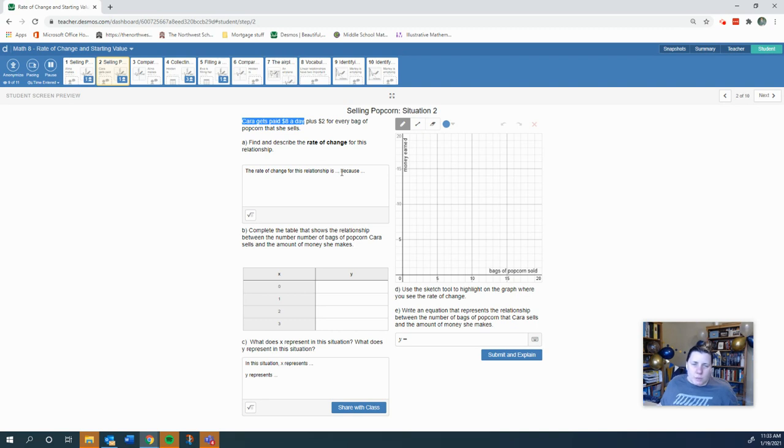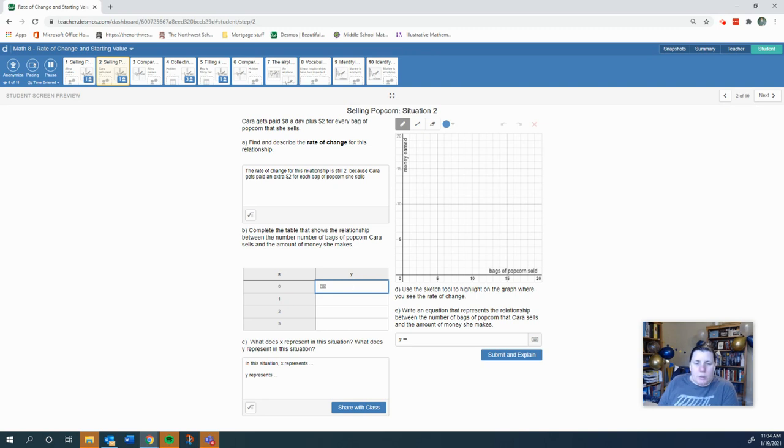The rate of change for this relationship is still 2, because Kara gets paid an extra $2 for each bag of popcorn that she sells. All right. Okay.